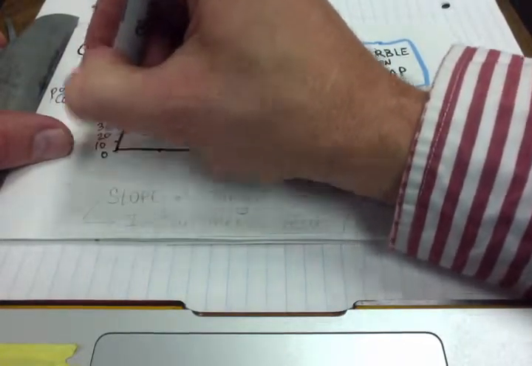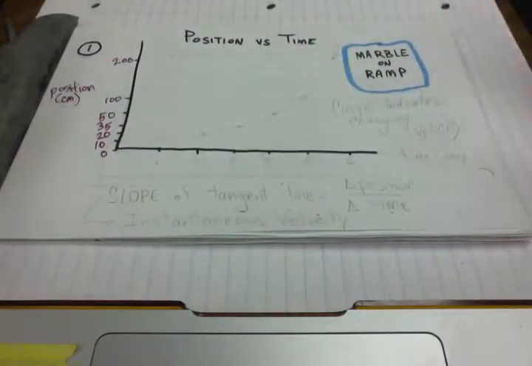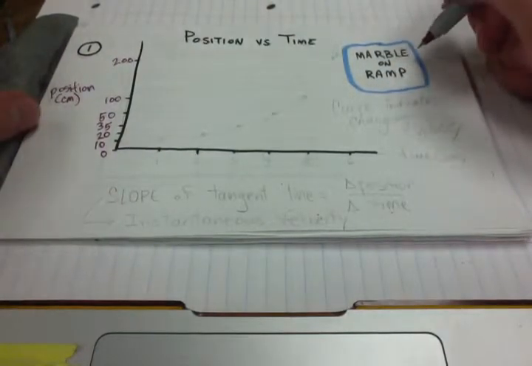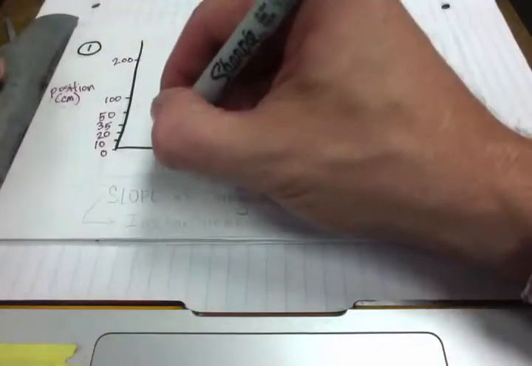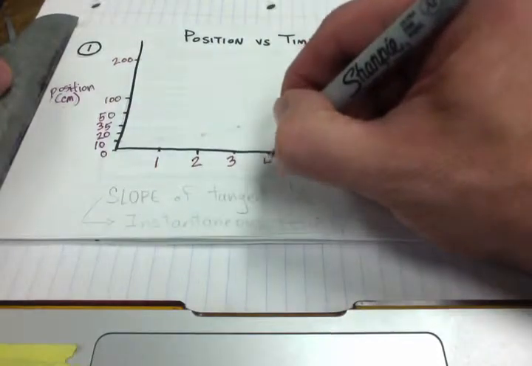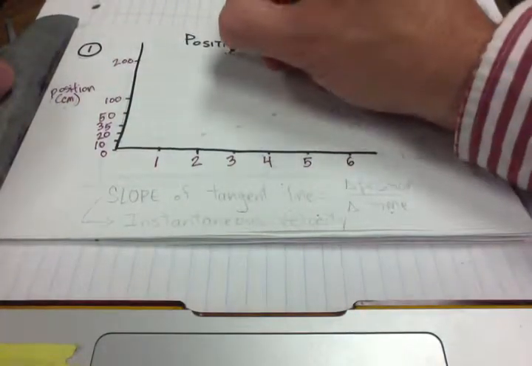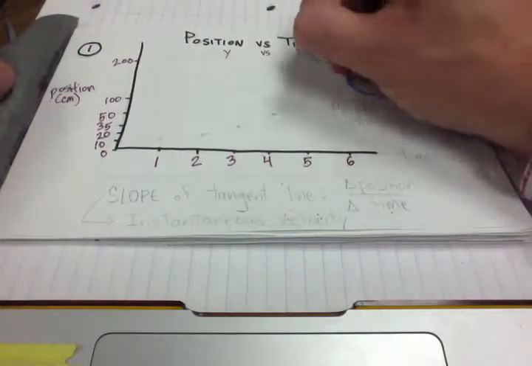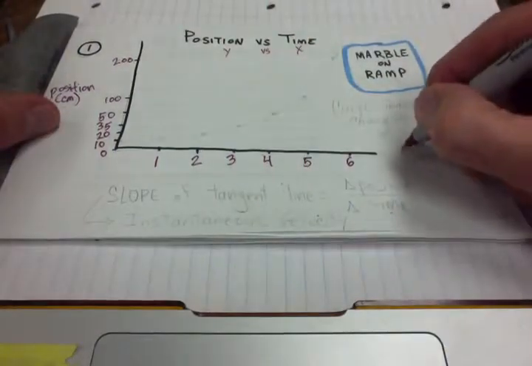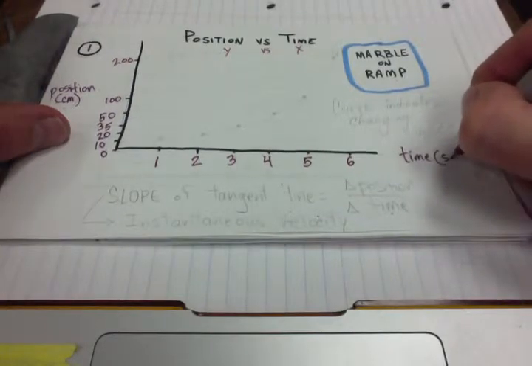we'll use these examples in the motion graph section as well. But if you remember, on our position versus time for the marble, I had you marking it every second. So on our position versus time graph, once again our y versus x, we marked it every second.